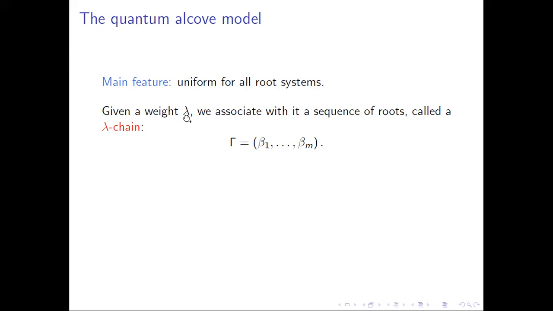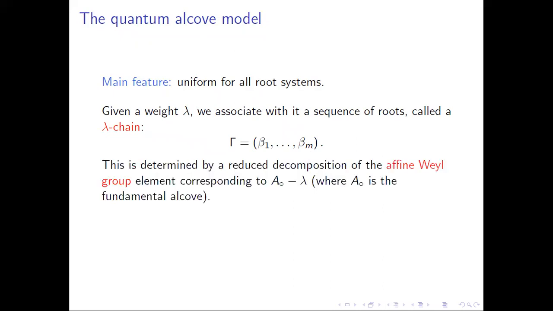So we fix a weight lambda, and this is arbitrary now. And with it, we associate a sequence of roots called the lambda chain, just a sequence of roots which can be positive or negative. How is this determined? This is determined by a reduced decomposition of the affine Weyl group element, which sends the fundamental alcove to its translation by negative lambda.